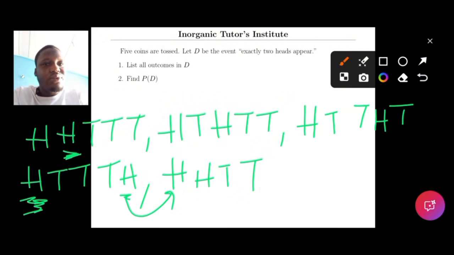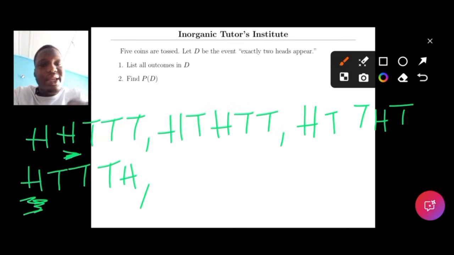Good. So after getting the H, T, T, H, I move this first guy to the second, and I have to put a T here.